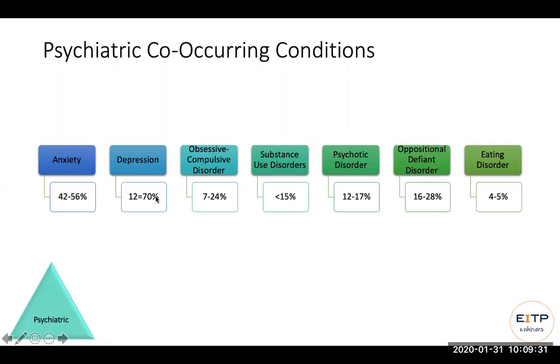And then there's depression, which we see in little kids, but is much more prevalent in adolescents. Then we have substance use disorders, psychotic disorders, and eating disorders that are much more frequent in older kids, not the kids that you get to see.